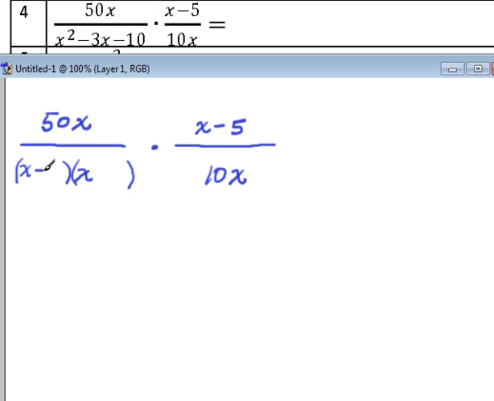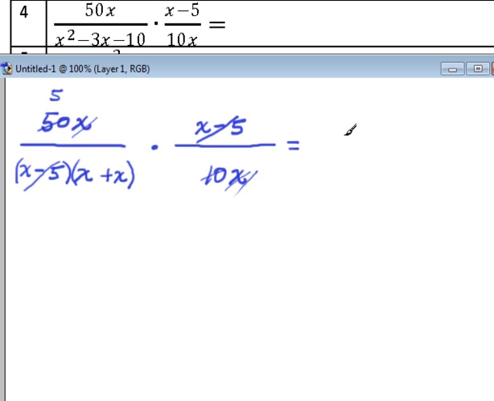So that's x minus 5, x plus 2, and we can cancel here x minus 5, and we can also divide 10 into 50, and we can also cancel these x's.